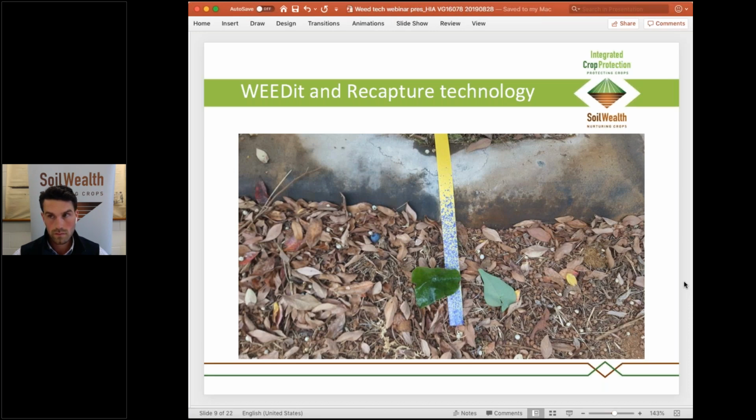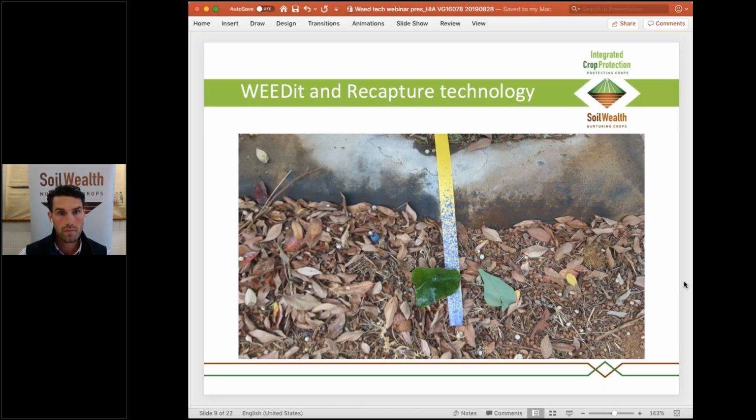Instead of going through and just blanket spraying, it'll go through and pick up the green. It's quite low. You can see the water droplets. You can see how close in we can get. And if you want to show maybe the next photo, Carl, which is the little red tank and showing a camera with a light. Yep, that's up there. So that there is a unit that they are using.